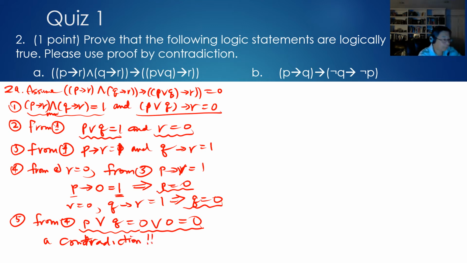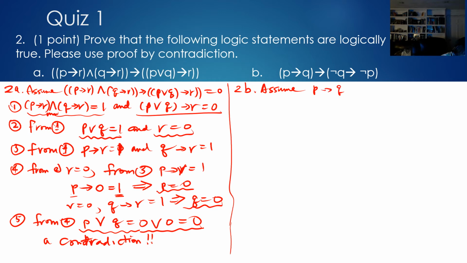Right? That's done for 2A. Now for 2B, again, we try to prove that the expression is logically true. So that means we assume P implies Q implies, negation of Q implies negation of P, in parentheses.